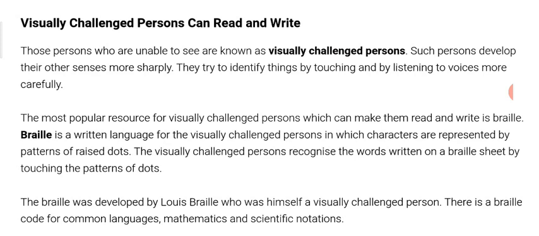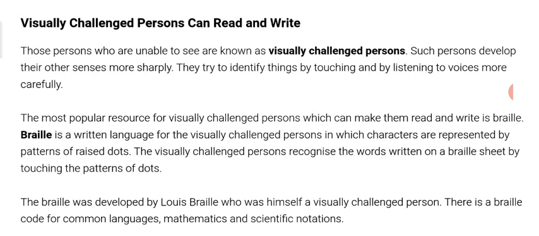The most popular resource for visually challenged persons which can make them read and write is Braille. Braille is a written language for the visually challenged in which the characters are represented by patterns of raised dots. The visually challenged persons recognize the words written on a braille sheet by touching the patterns of dots. It means by just touching they understand what is actually written.